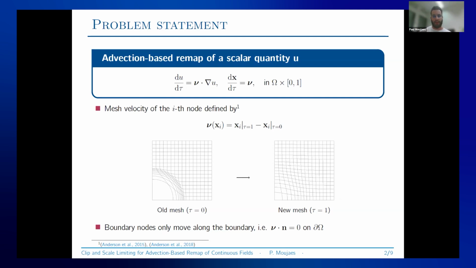As I said, the domain is not skewed. By this we mean the boundary nodes only move along the boundary. So we have this constraint down here, which is quite helpful.